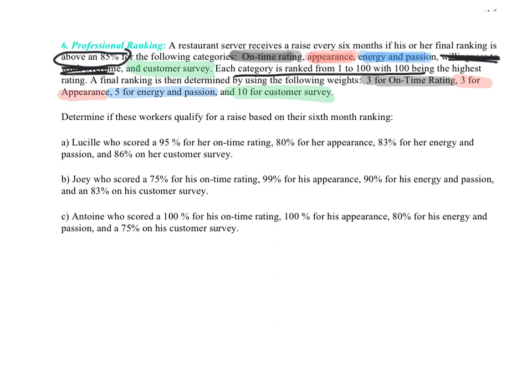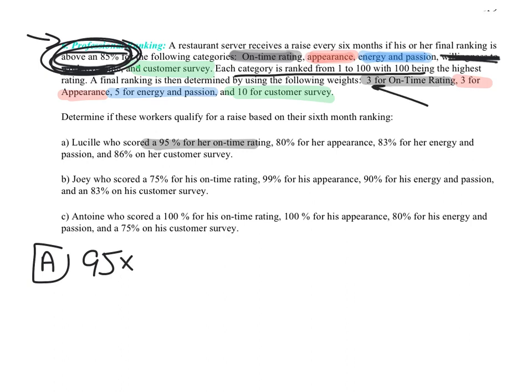So we need to determine for each of these workers if their final ranking is above an 85 based on these scores. So let's go to Lucille first for letter A. Lucille gets a 95 for her on-time rating. So I'm going to take 95, and what I'll do, just like I did for the second question, is keep whole numbers. 95 for on-time rating, and the weight for on-time rating is 3.